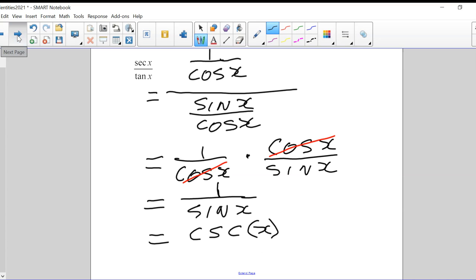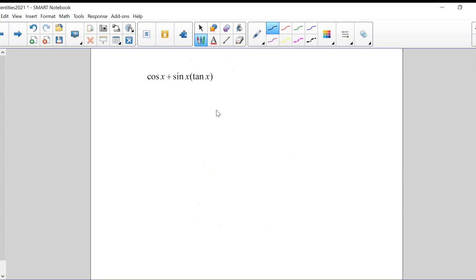Okay, let's move on. So that was a nice warm-up one. Okay, here comes another one. Cosine of x plus sine of x times the tan of x. So I'm going to be consistent. I'm going to take that tan of x and turn it into what the tan of x is.